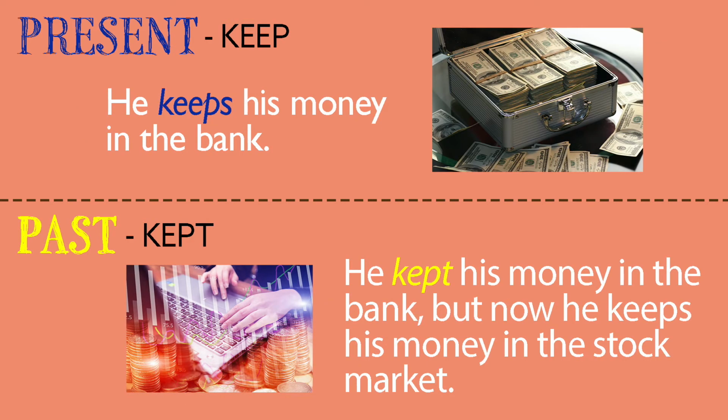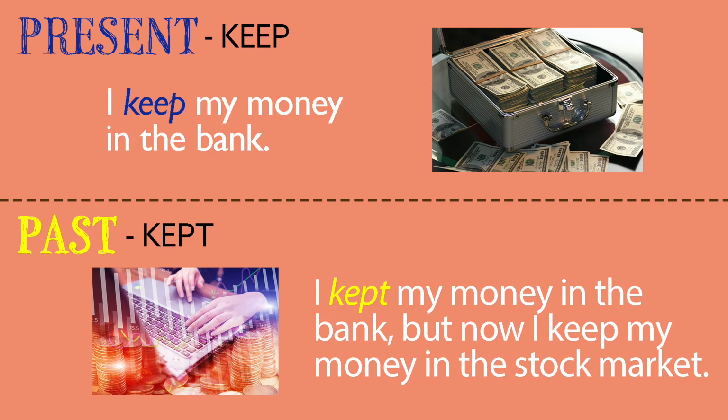Keep. He keeps his money in the bank. Kept. He kept his money in the bank, but now he keeps his money in the stock market. Keep. I keep my money in the bank. Kept. I kept my money in the bank, but now I keep my money in the stock market.